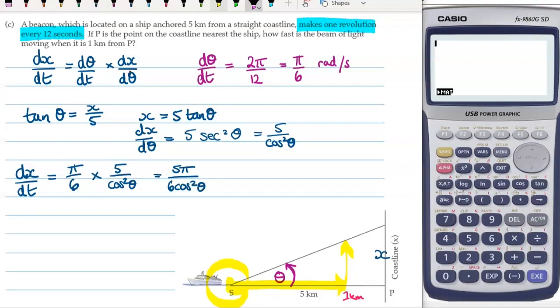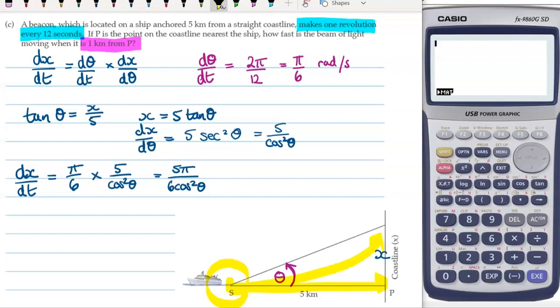We need to work it out when we're 1 kilometer away from P. I've just realized I misrepresented that on the diagram earlier. That 1 kilometer is actually in the x direction. So the light goes all the way to P and then sweeps around.